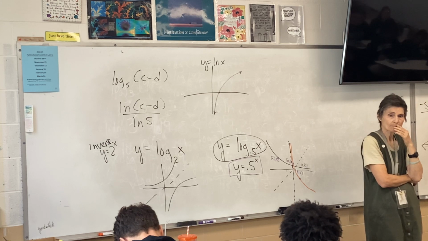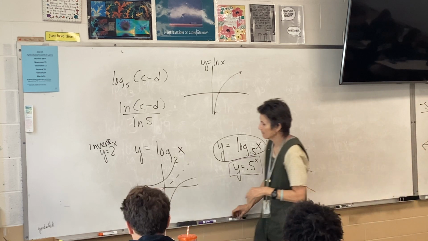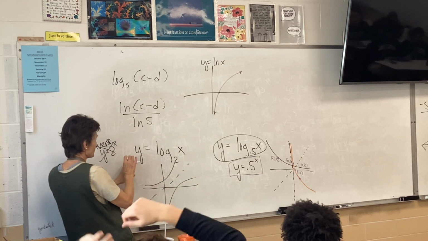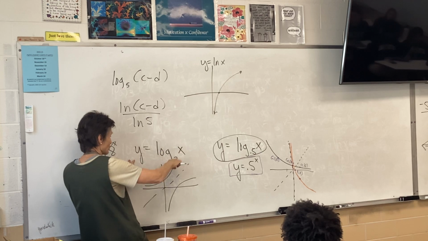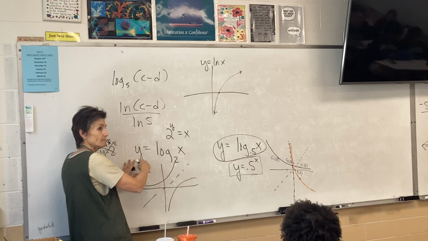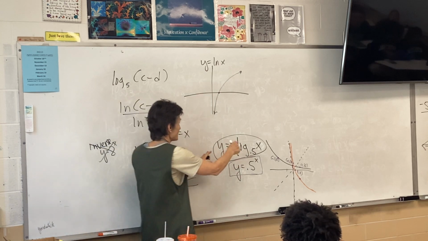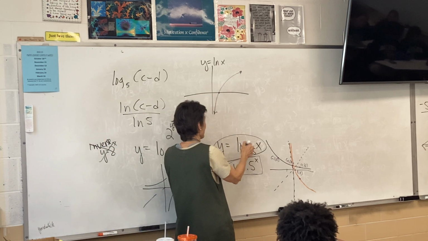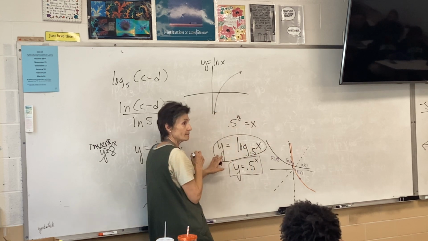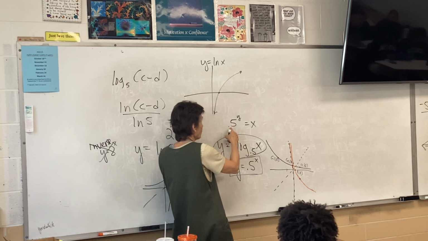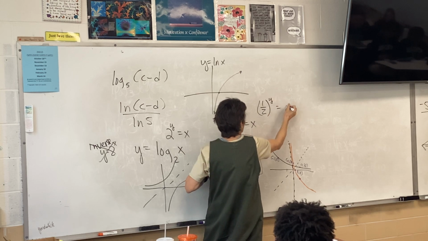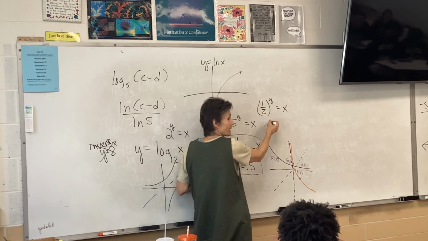Does that make sense? I want you to look at something here. This is the inverse. I'm not doing the inverse now. This equation right here is the same as this. Would you agree with me? This equation, which is the one we were graphing, is the same as this. Would you agree? Now, what's 1/2? Isn't 1/2 2 to the -1st?